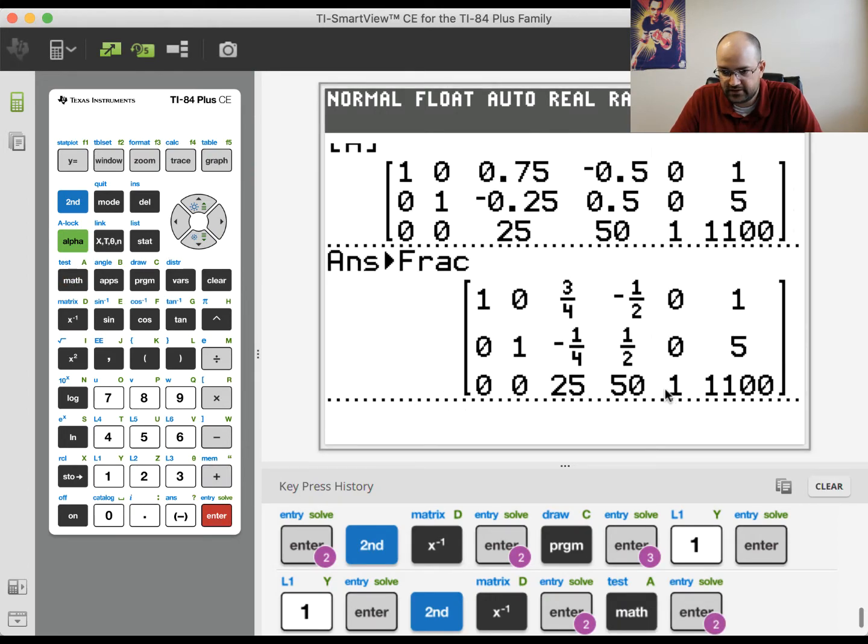And again, notice that the indicators, all of them are not negative. Non-negative is what I usually say. And so we're done. This is the final simplex tableau. So with this final tableau, we'll be able to read the solution. Let me go ahead and write this down.